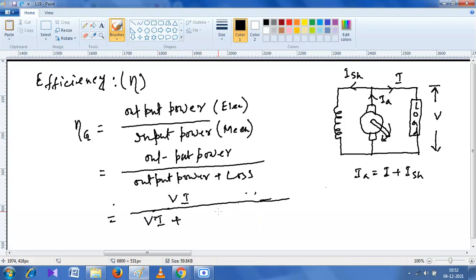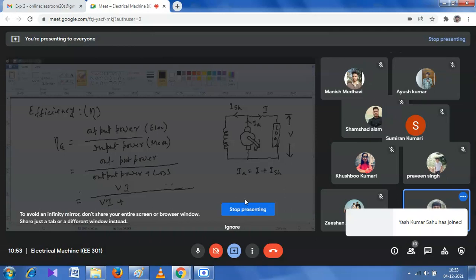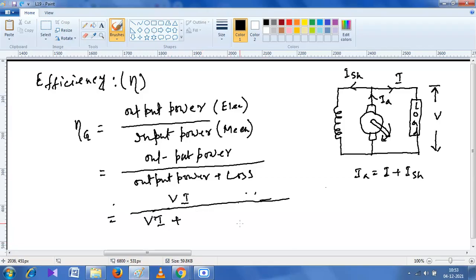And what are the losses in case of DC machine? How many types of losses are there, four types or five types?